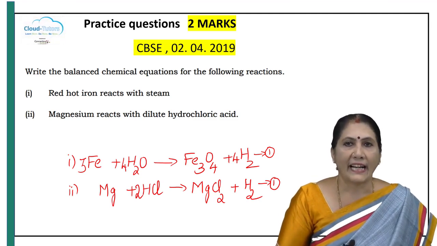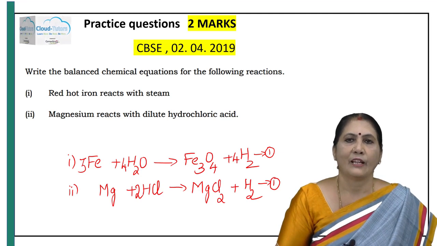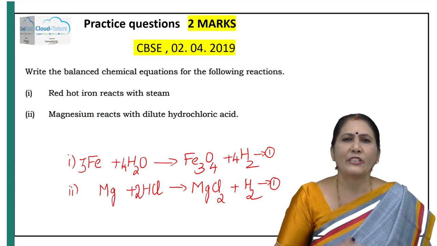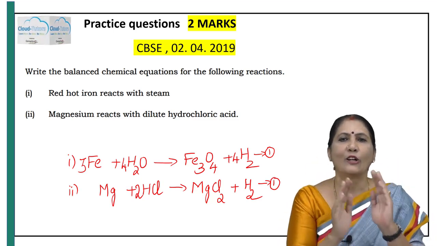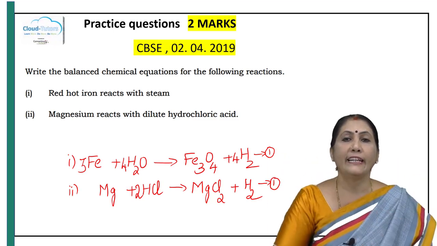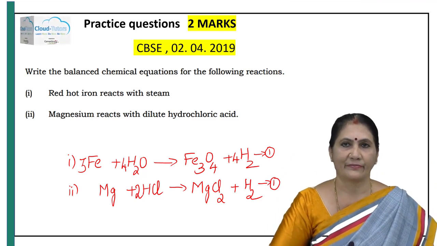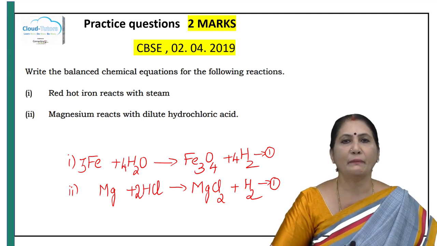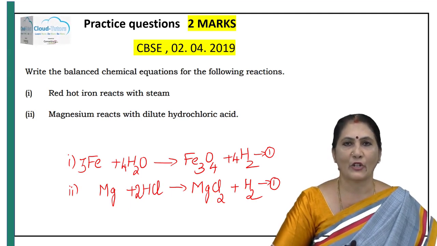So let me summarize. In today's session, we have seen the law of conservation of mass, which mainly governs all your chemical equation balancing, which states that matter can neither be created nor be destroyed.